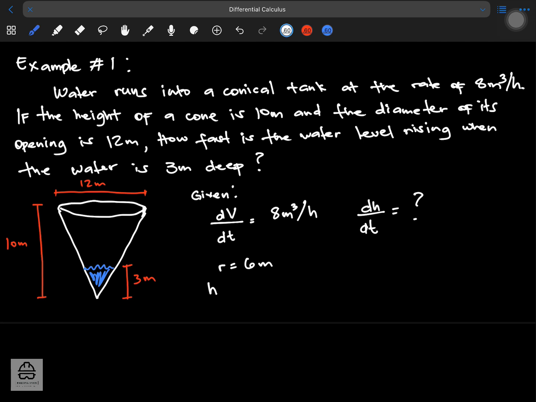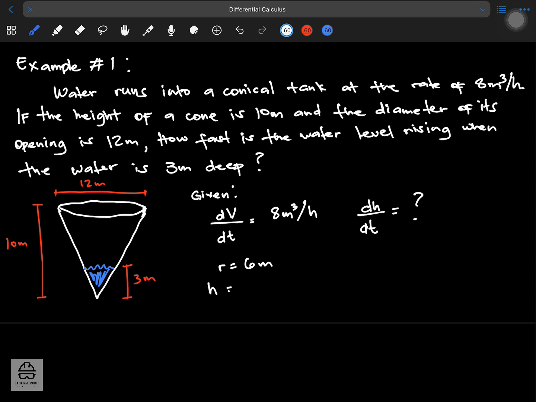So we have here a 12 meters diameter of its opening and we have also a 10 meters height for the cone. And we all know that radius is equals to half of the diameter. Therefore, our radius is equals to 6 meters. And our height is equals to 10 meters.